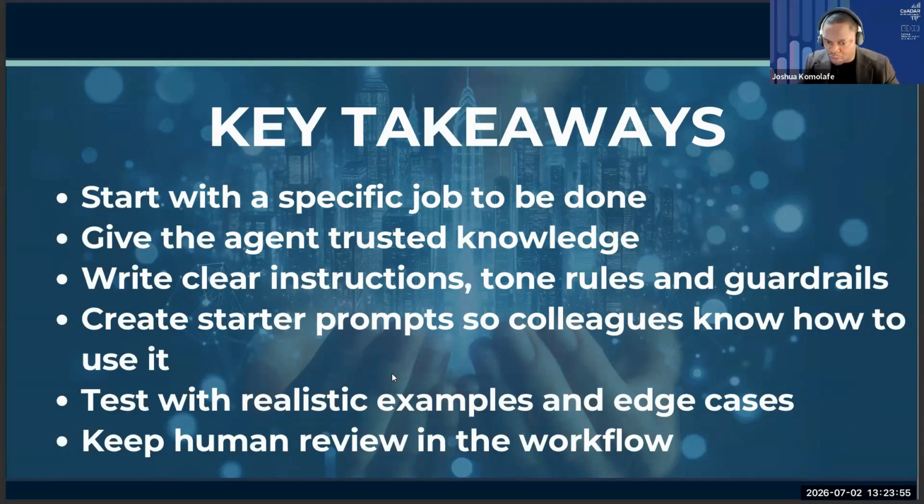You need to test with realistic examples and edge cases. Like you can see, for the marketing and sales agent, it was straightforward, but for the first use case for briefings, I needed to test and test, even though I'm still not getting the desired output. That's why it might take some time for you to get it right initially.